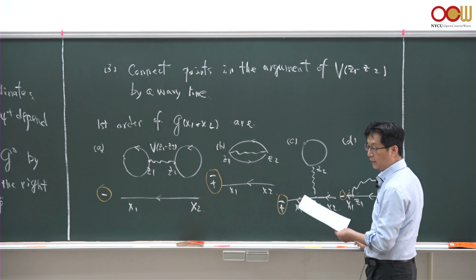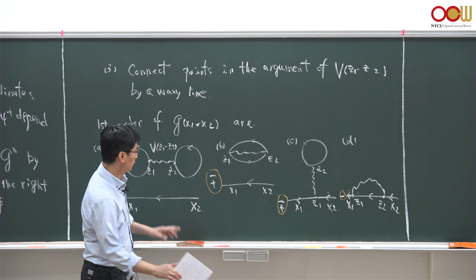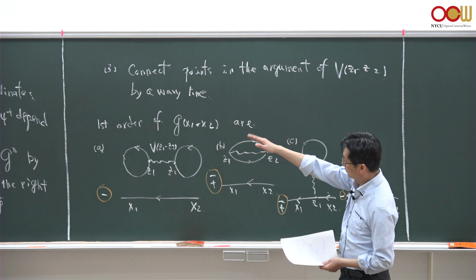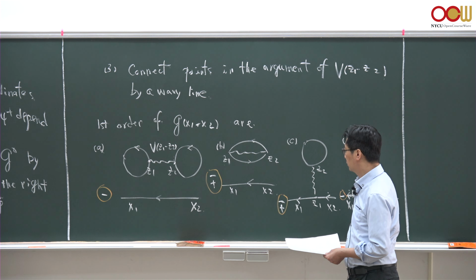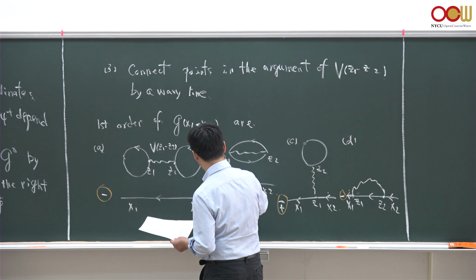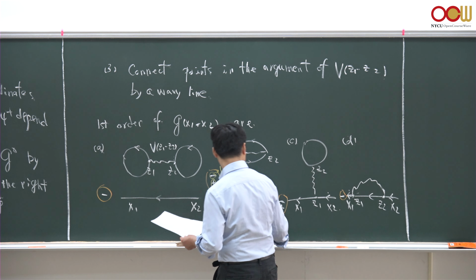So we should pay attention to this prefactor plus/minus 1 in front of this diagram, because that is the sign coming from this first order perturbation, and we will come back to the sign in a moment. The upper sign refers to the boson, and the lower one to the fermions.